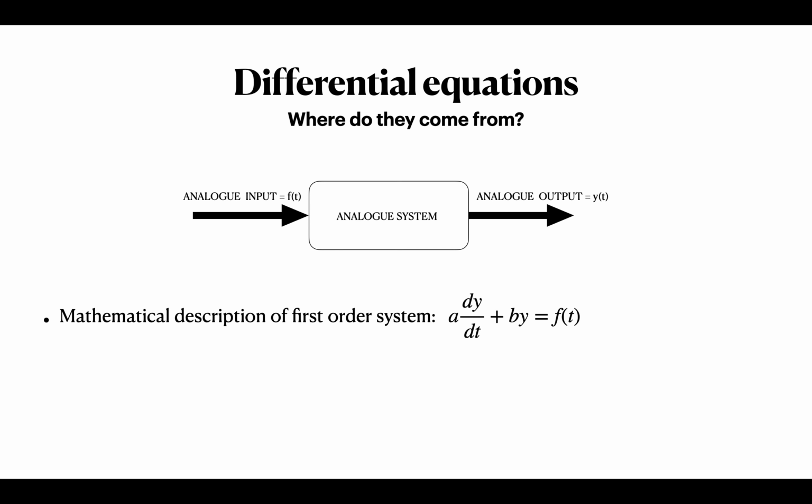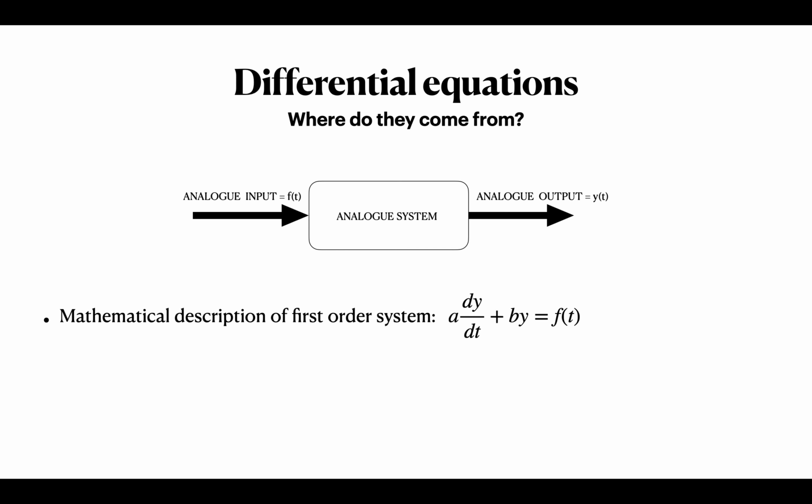And if you look at the differential equation, it's a very neat formulation as to what's going on. Now, on the right-hand side there, you've got the input. And on the left-hand side, you've got some combination of y. And y is your output. And a first-order system is called a first-order system because you have a first derivative of y.